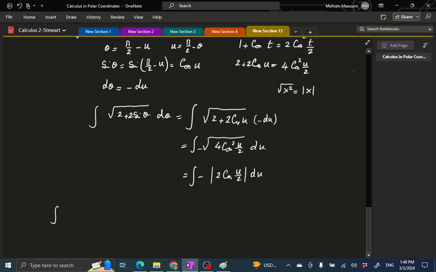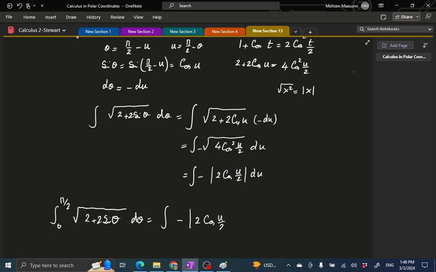So the integral from 0 to pi over 2 of radical 2 plus 2 sine theta d theta is equal to the integral of minus 2 cosine of u over 2 du, and we said we are using u equal to pi over 2 minus theta.